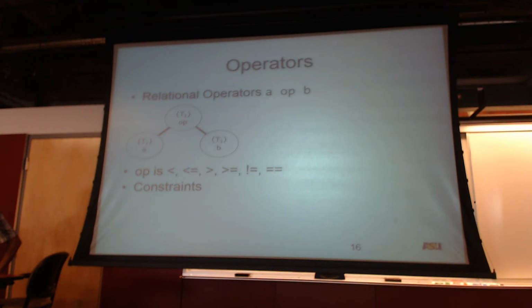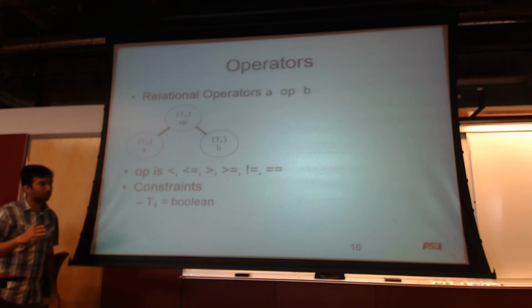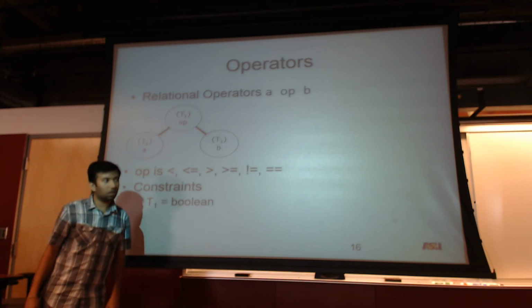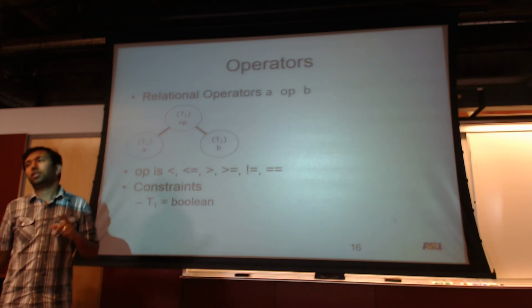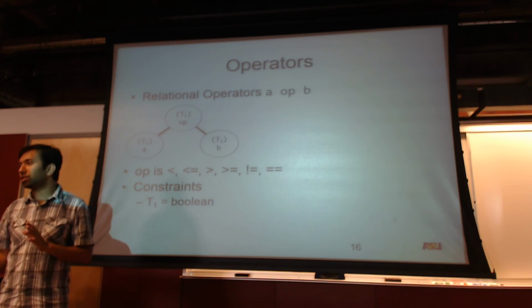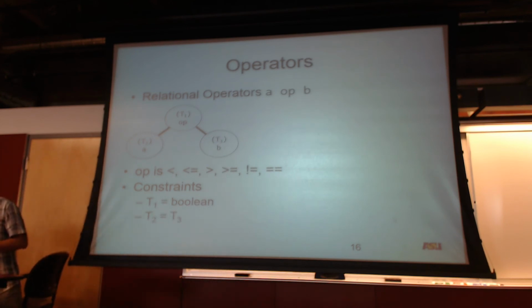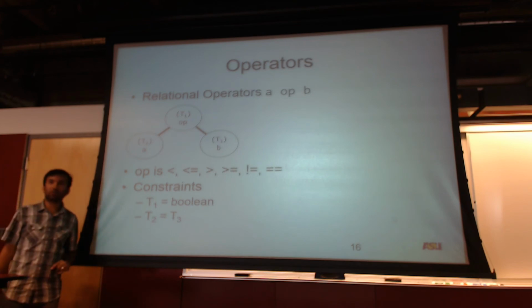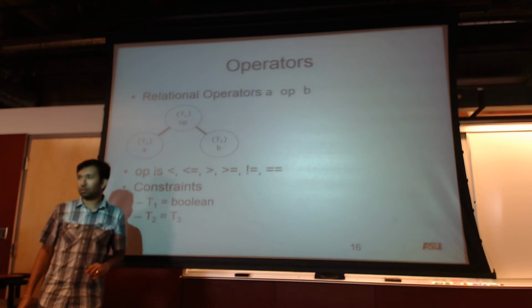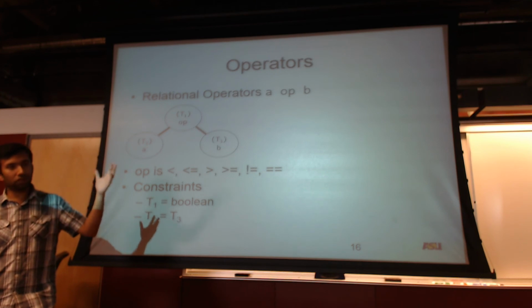What are the constraints? The constraint is that T1 has to be Boolean. Whenever we have this kind of operation, A OP B, where OP can be less than or equal to, greater than or equal to, and so on, the return type of OP has to be Boolean. That is the constraint. Then another constraint is T2 has to be equal to T3. We don't have a constraint that T2 is integer or character.